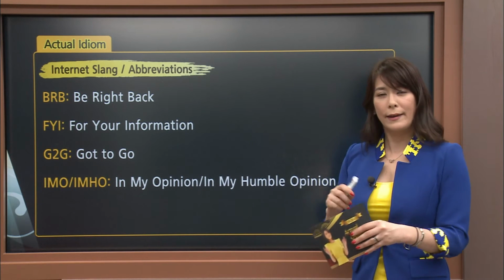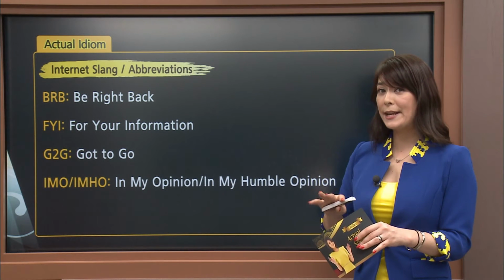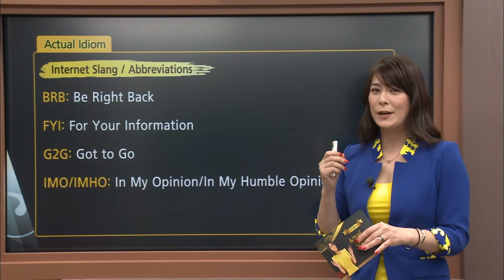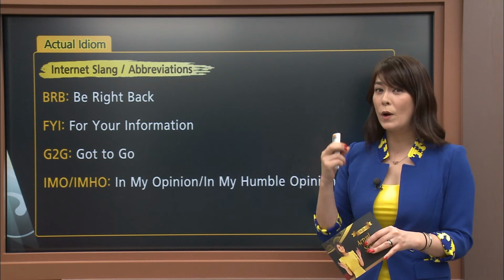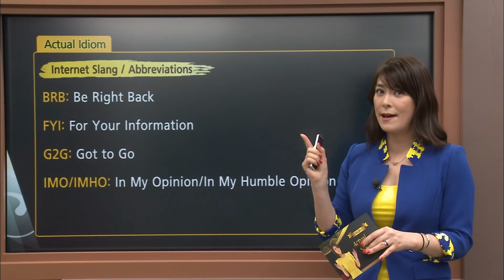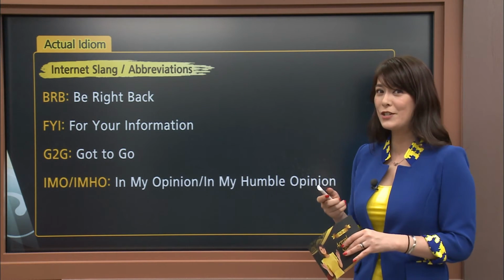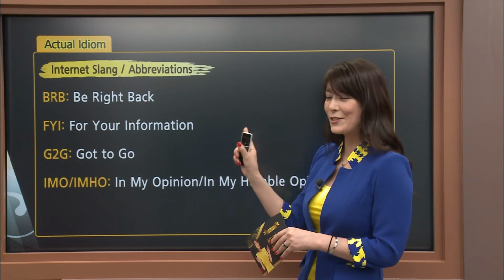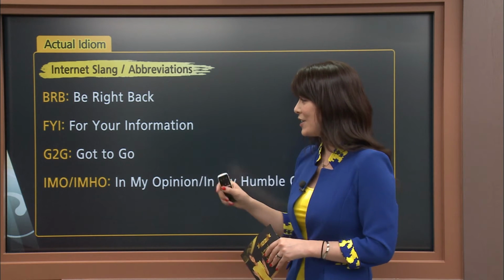So when you're having a conversation or chatting with someone and you want to give them your 2 cents, okay? You want to give somebody information about what you know, you can say, FYI, for your information. Also, quickly, gotta go, I have to go, meaning G to G.